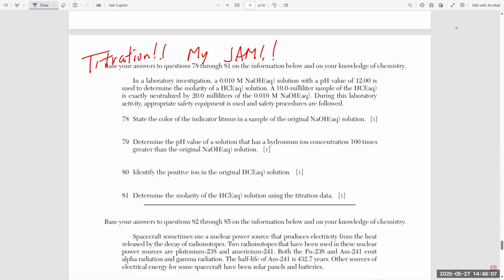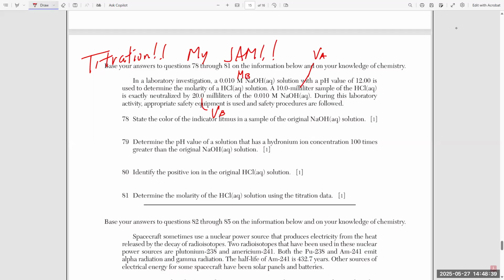We got M, and that's base, so that's MB. The pH value of 12 is to determine the molarity. So this would be VA, right? And this is MB. I'm sorry, VB. Sorry about that. That'll be our VB. Now, why am I doing this? Because I'm pretty sure they're going to ask us to figure out the titration, right?